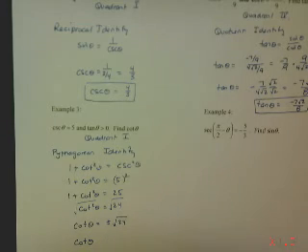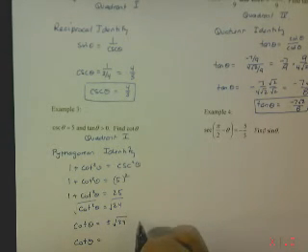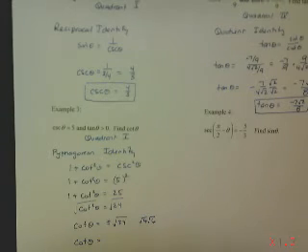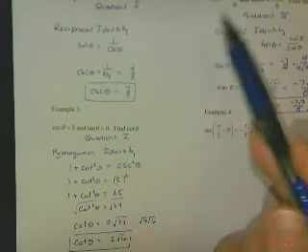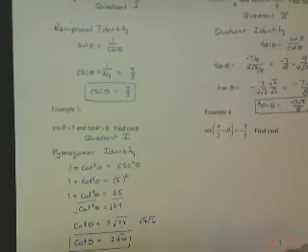And I know the square root of 24 is going to break down. It'll be the square root of 4 times the square root of 6. So I know positive 2 square roots of 6. And there's my cotangent. So now I've used reciprocal identity, I used quotient identity, and I've used Pythagorean identity.